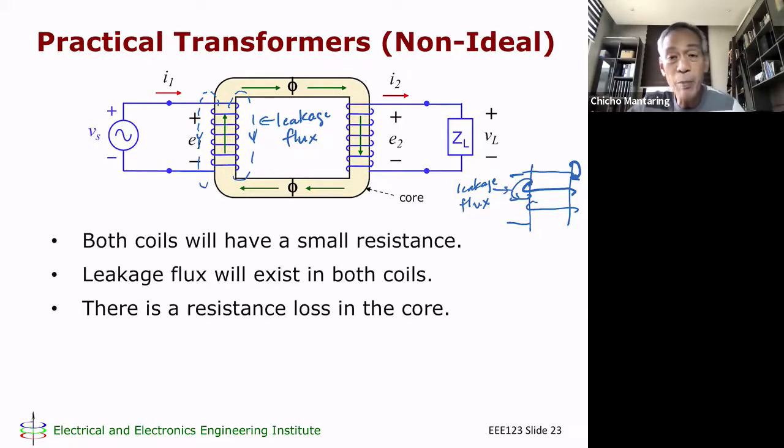In fact, the way they reduce that is they make the core what is called laminated. When you look at the core of a transformer, it's not a solid piece of metal, but actually laminated pieces of metal together so that you reduce your eddy currents. Eddy currents, by the way, is also the principle of your induction heater or induction stoves.